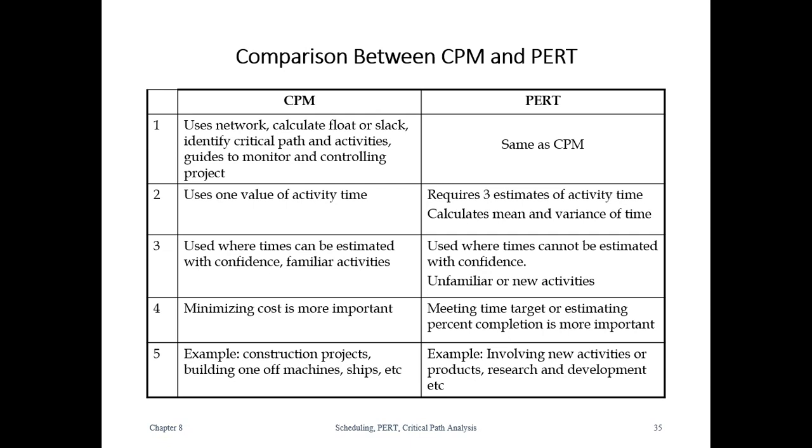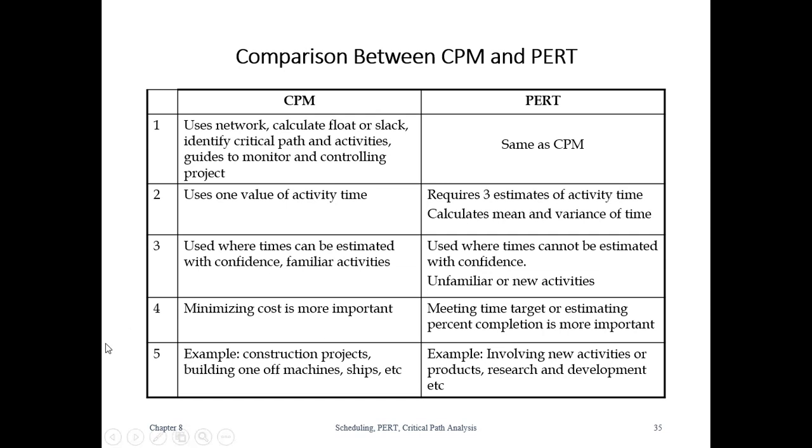In such cases, there is always a kind of uncertainty. So when there is uncertainty, we go for PERT analysis, and when we are sure about the activity time, we go for CPM.